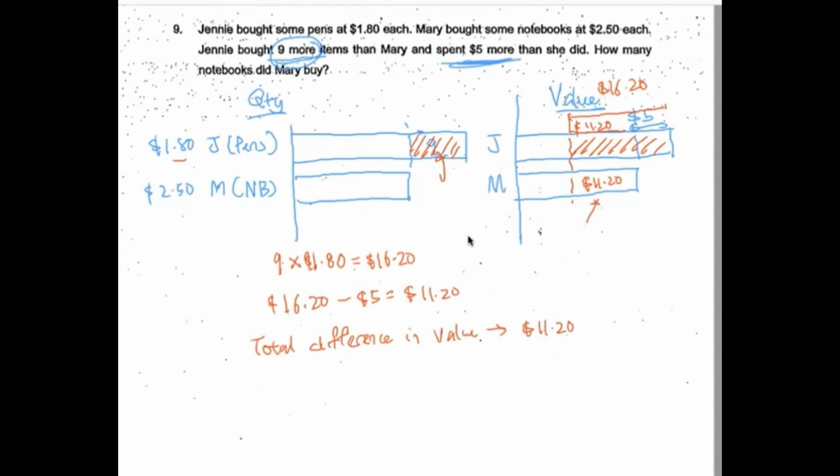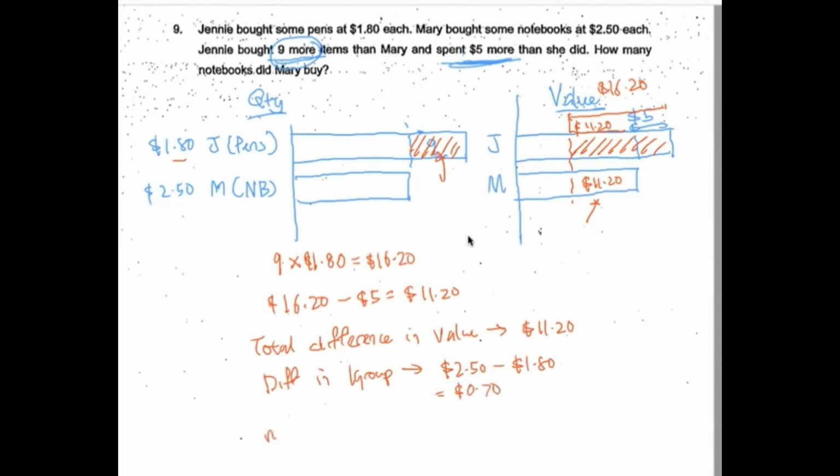This $11.20 is the total difference between the equal number of pens and notebooks. The difference between 1 pen and 1 notebook, I call it the difference in 1 group, is 250 minus 180. And that will give you 70 cents. So difference in 1 group is 70 cents.